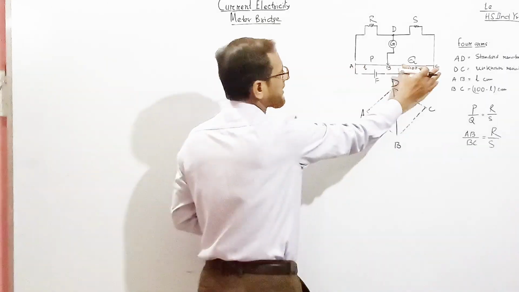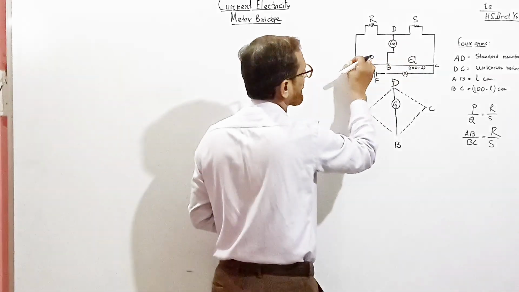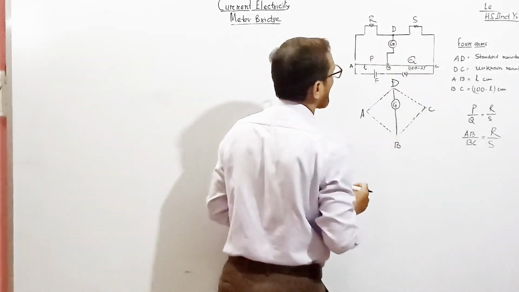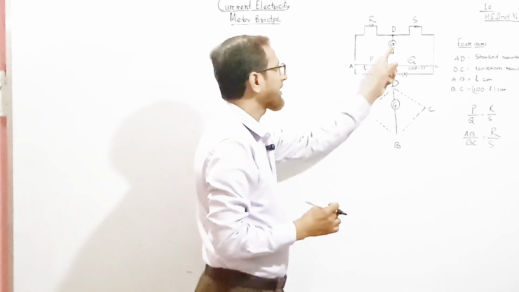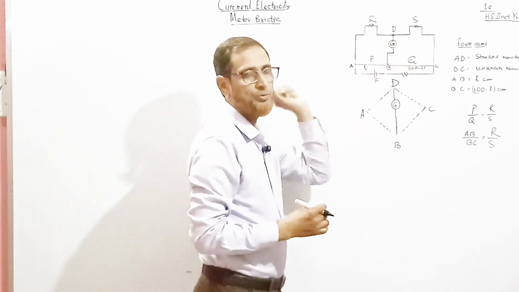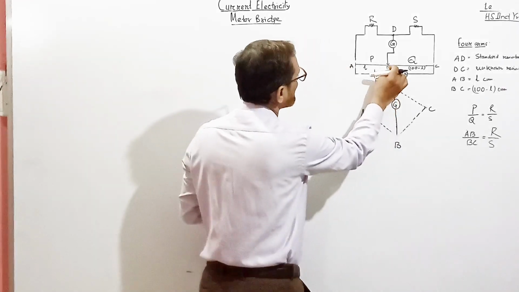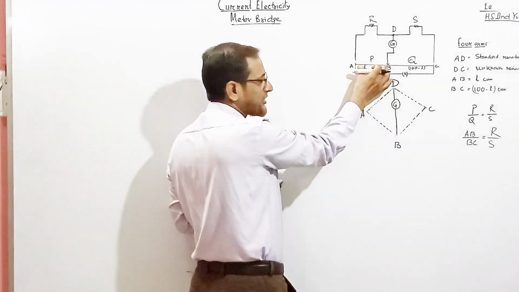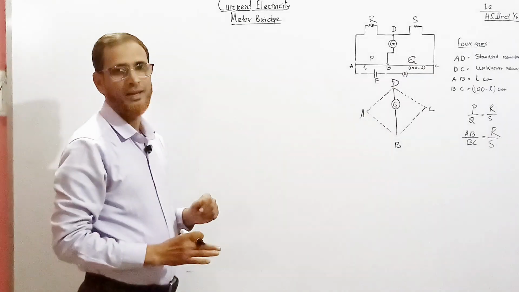The length of AC is 100 centimeter, and when we move forward and backward, at a certain point we get the null point where there is no current through the galvanometer. That point, say at B, if the length of AB is L, then BC will be 100 minus L.